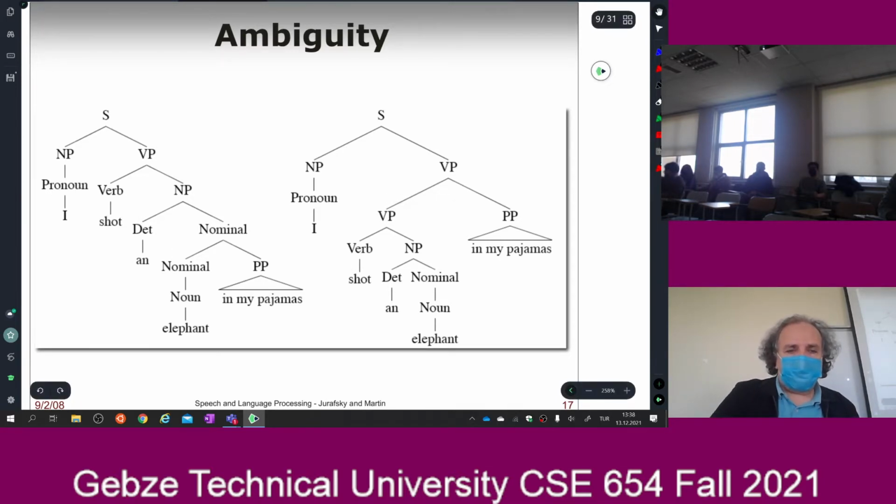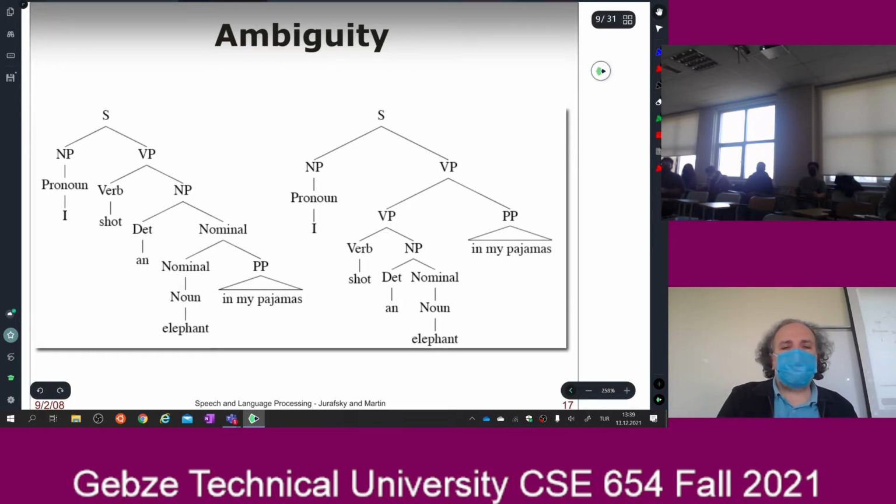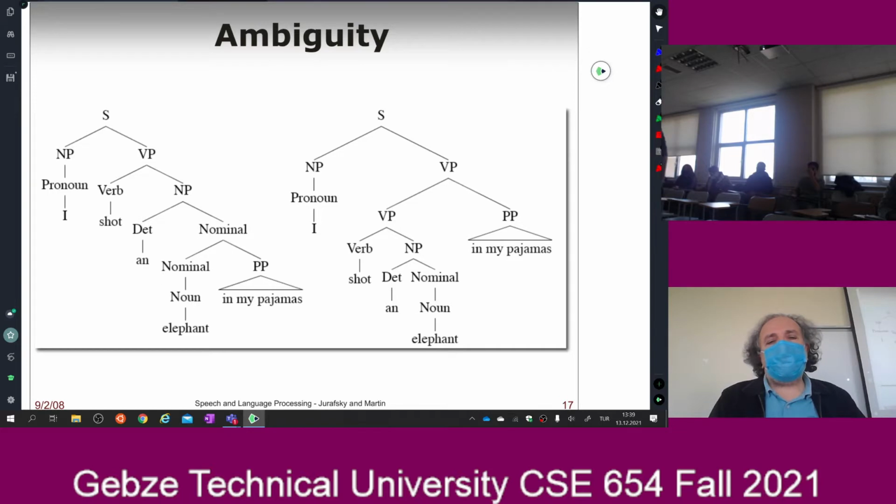Okay, translate this into Turkish and translate this into Turkish. The left one, how do you translate this into Turkish? Benim bir canım giyen bir fili öldürdüm. Vurdum. Yes. Benim pijamamı giymiş bir fili vurdum. Or I have an elephant picture on my pajama and I am shooting it, maybe.